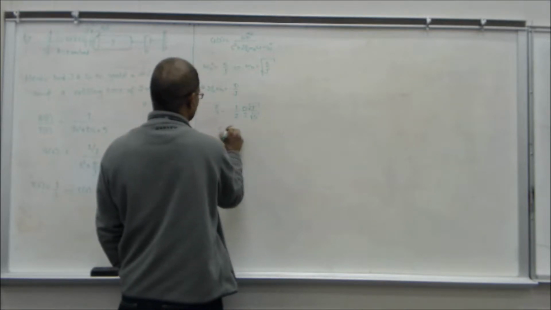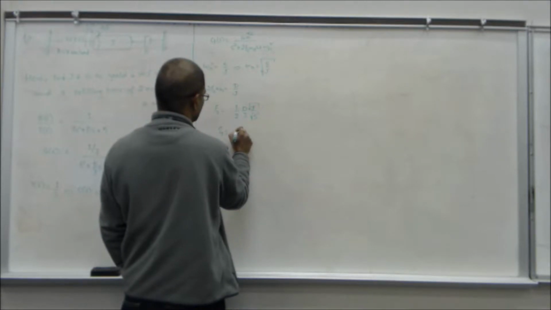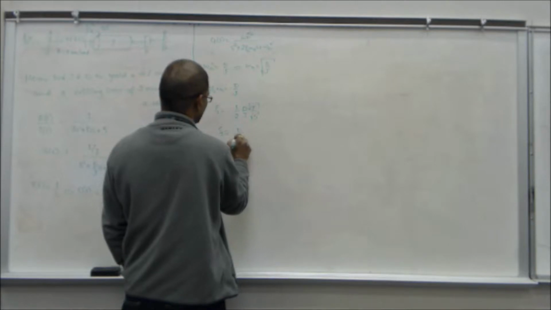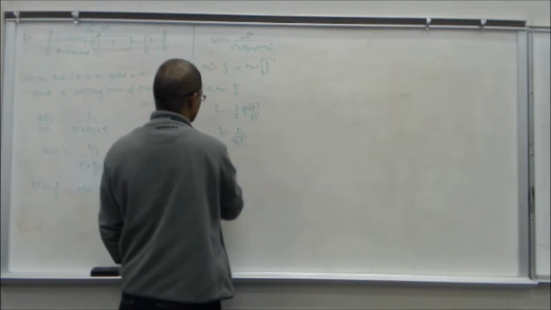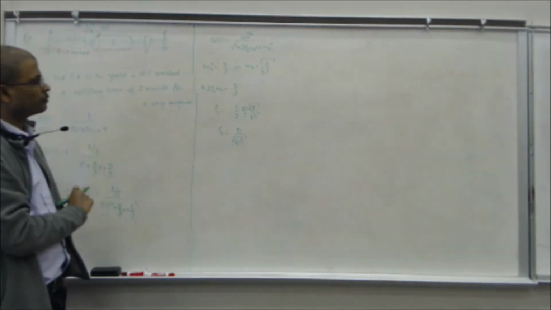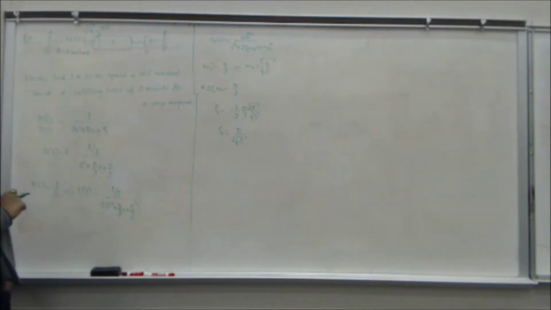So zeta is equal to D over 2 root J. Okay.